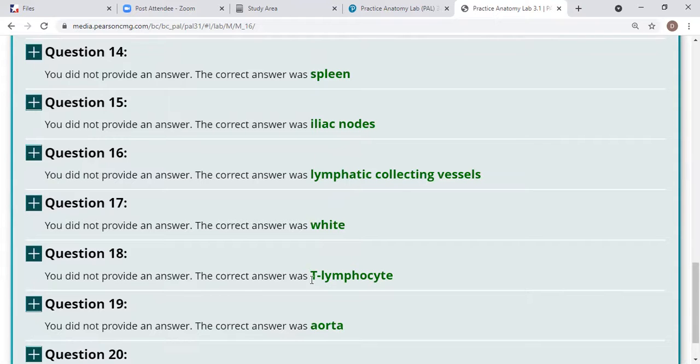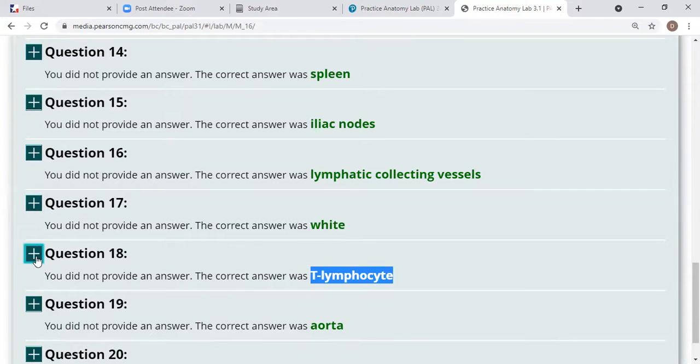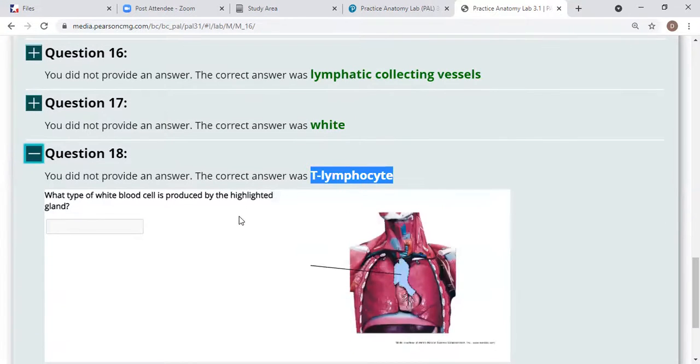I think that's what that was. That was the one where we didn't show that T lymphocyte. Huh, interesting. I don't know how we were supposed to see that. No, that was a T lymphocyte. Sure. Yes. If you click on the little square plus sign, it will show you the image. Okay. Yeah. Don't think that's a T lymphocyte right there.